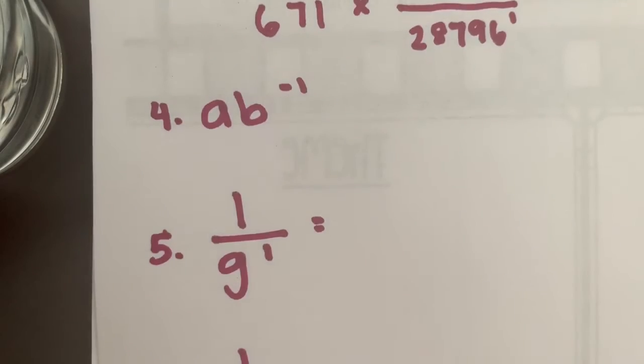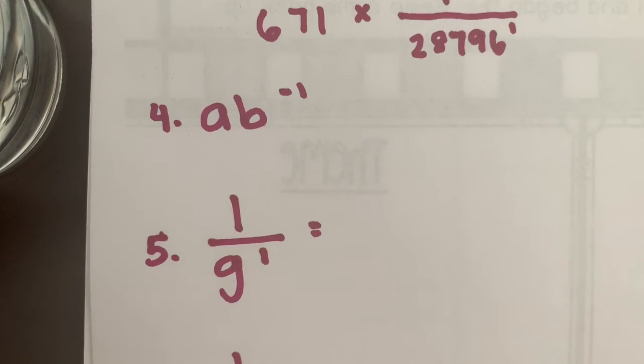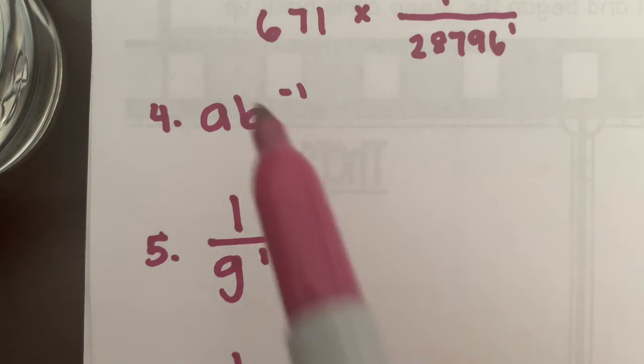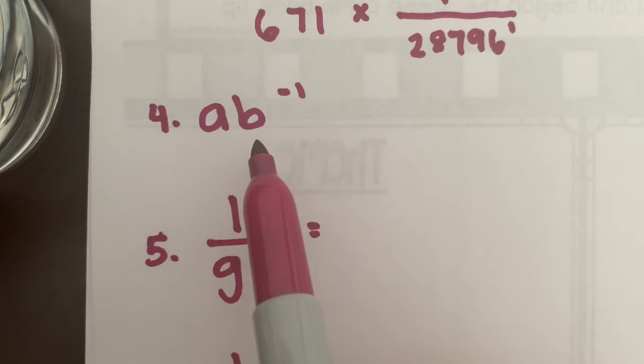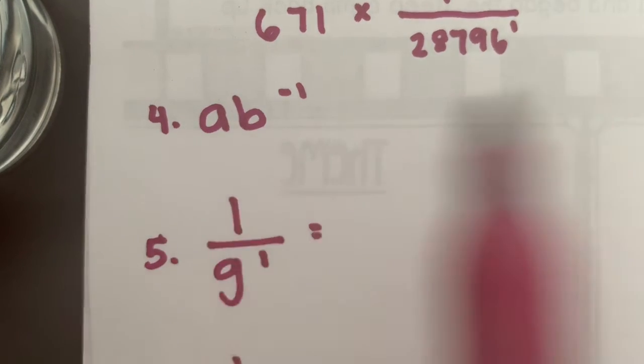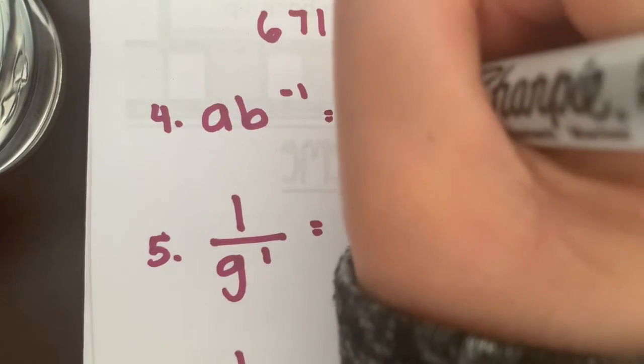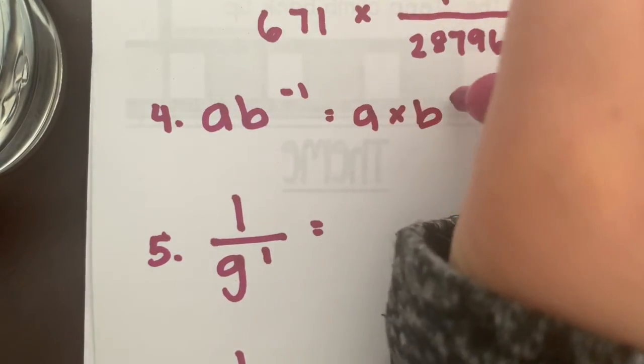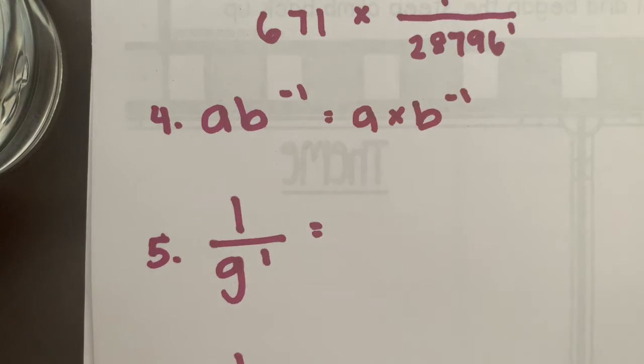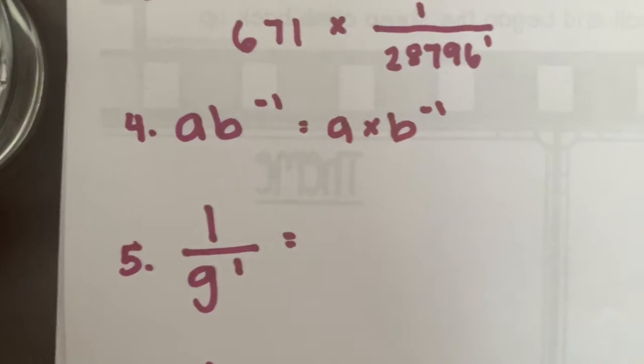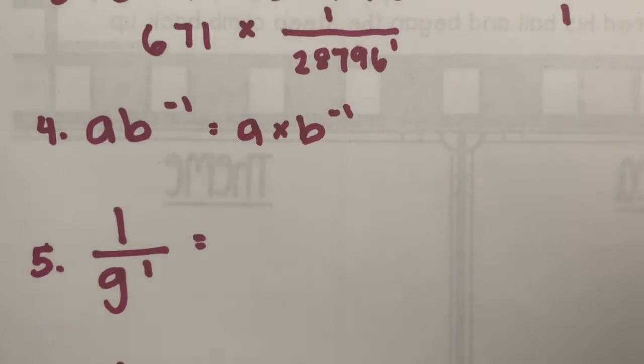All right, let's do number 4 together. a times b to the negative 1. You have to remember these two numbers, when they're variables, they are separate numbers. Now what do you have to do to b in order to follow the formula?